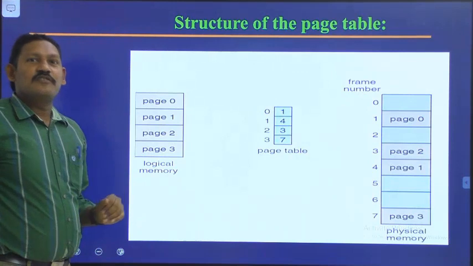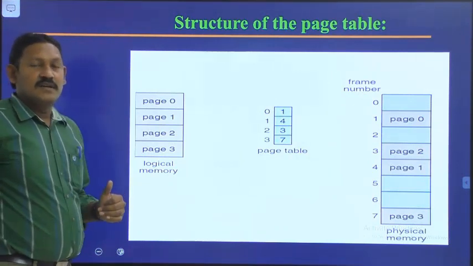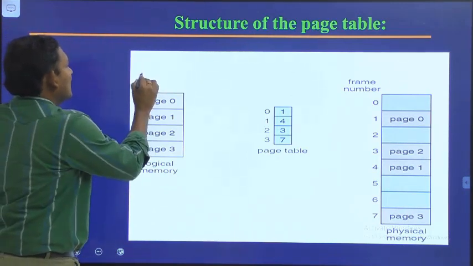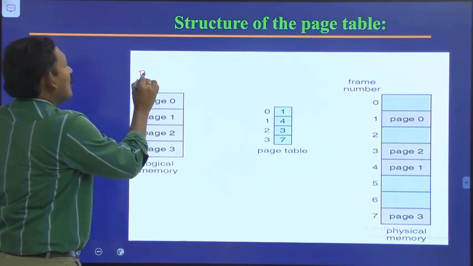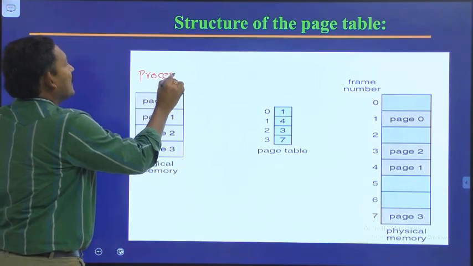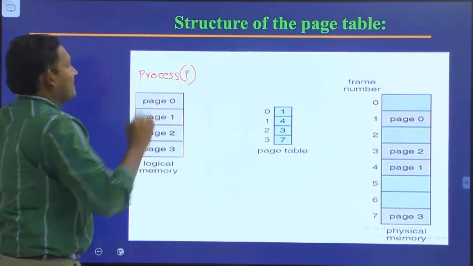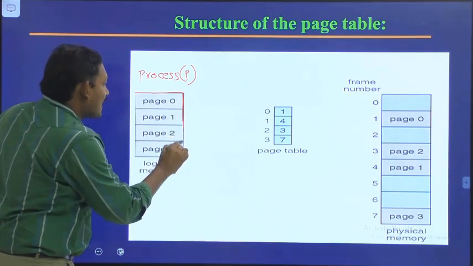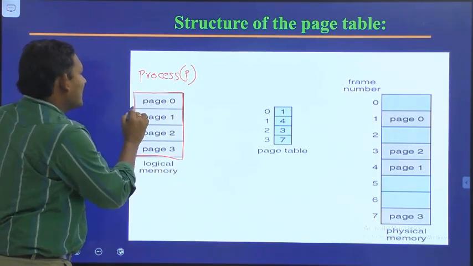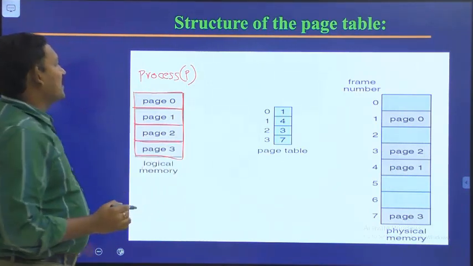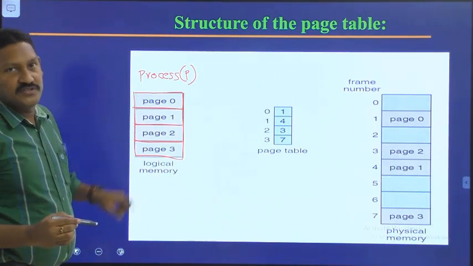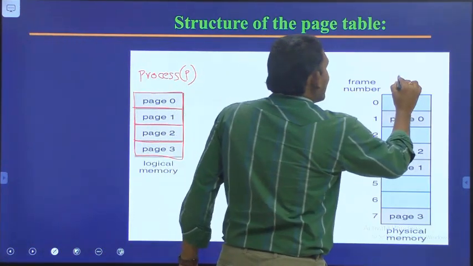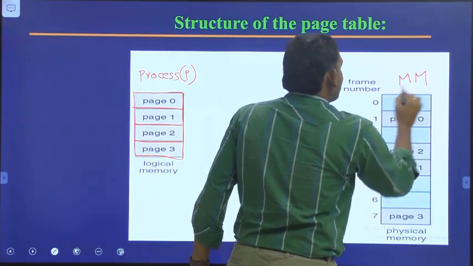So this is the structure of page table we have discussed. Let us suppose this is a particular process P. That process is divided into different parts, see, it is divided into 4 parts. Let us suppose we have named them page 0, page 1, page 2, page 3. Similarly here, this is main memory.